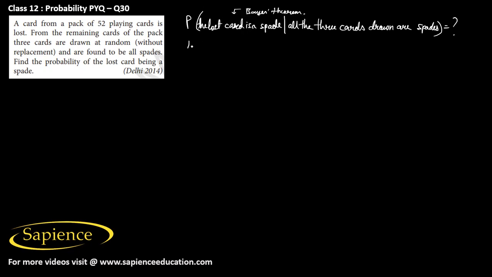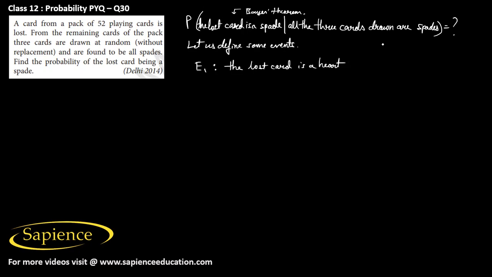So let us define some events. So let's say the event E1 represents that the lost card is a heart.